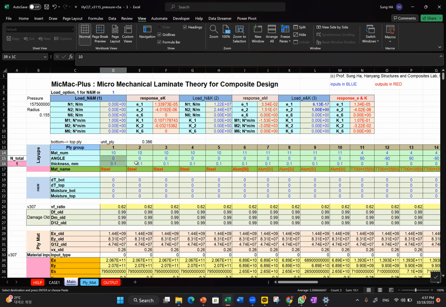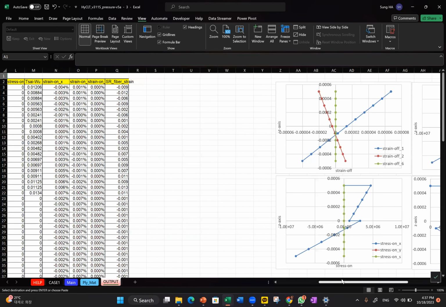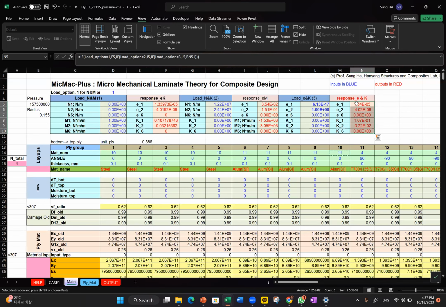So this is how we layer the sequence, this is how we apply load, and this is how we observe the strain. There is also a strain distribution and a simple plot. This plot simply represents epsilon and curvature. That's actually all we need.